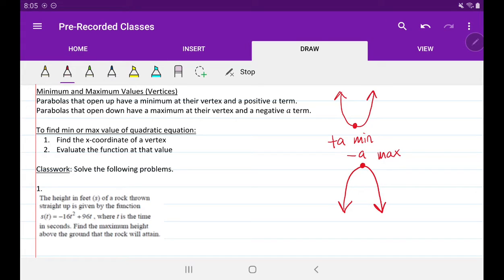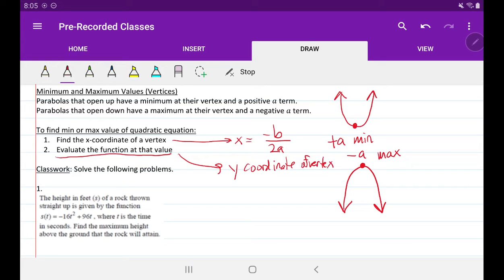To find a min or a max value, the first thing you always have to find is the x-coordinate of your vertex. Remember, the x-coordinate of your vertex is that formula, x is negative b over 2a. Then you take that value and plug it in, you evaluate the function at that value, and that gives you the y-coordinate of your vertex.